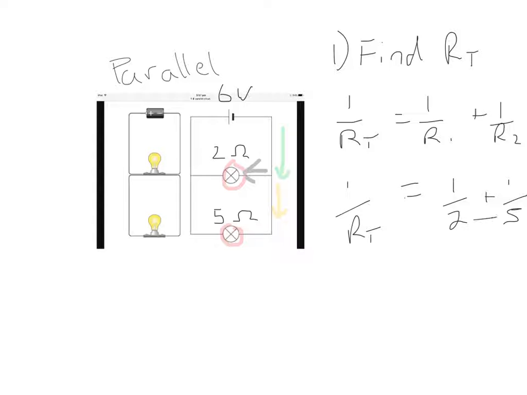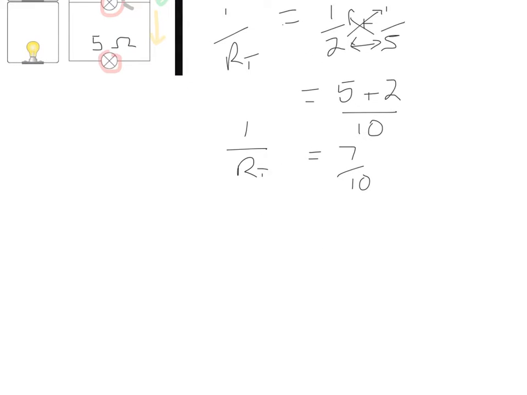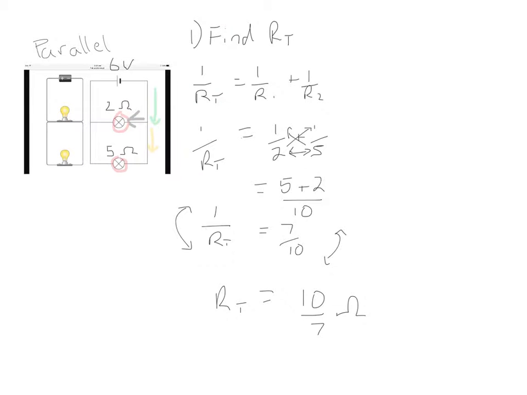I'm going to use my cross multiplication method, and I'm going to get 5 plus 2 over 10, which is 7 over 10. So 1 on RT equals 7 over 10, which means that my RT, when I flip both, I get 10 over 7 ohms.